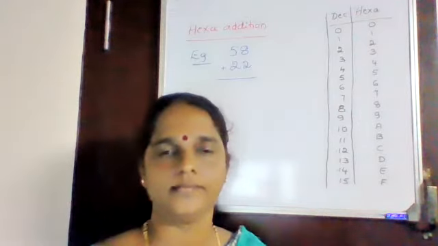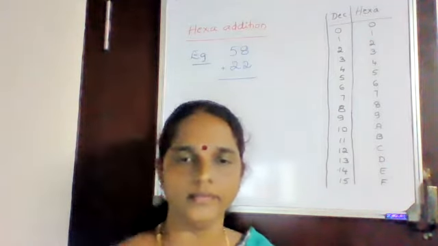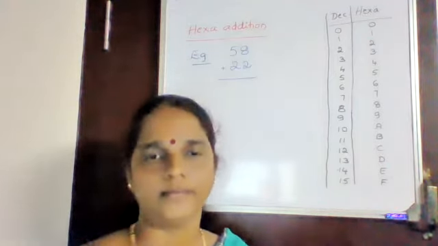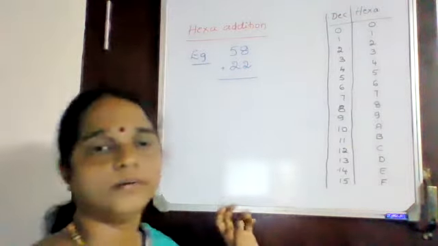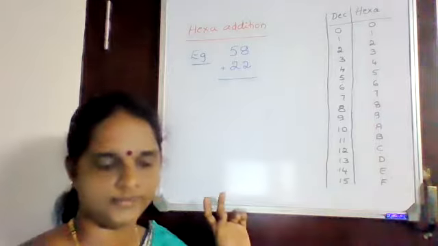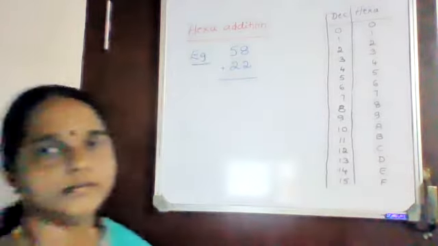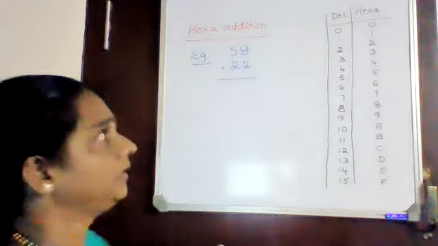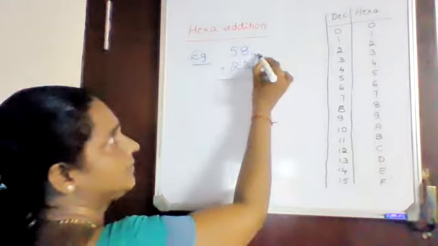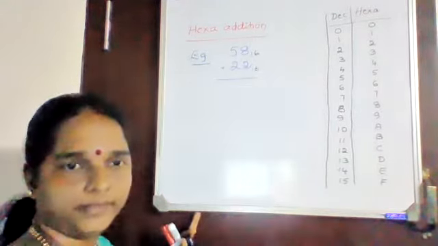Next is hexadecimal arithmetic. Here we are going to study hexadecimal addition and how to perform hexadecimal subtraction. First we will see how to add two hexadecimal numbers. Let us take one example: 58 plus 22. 58 is not a decimal number, it is a hexadecimal number, base 16, and 22 is also base 16.